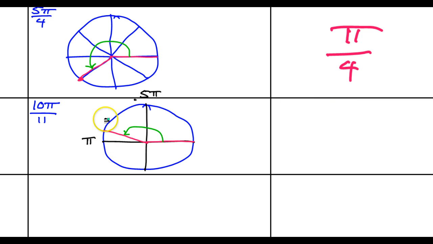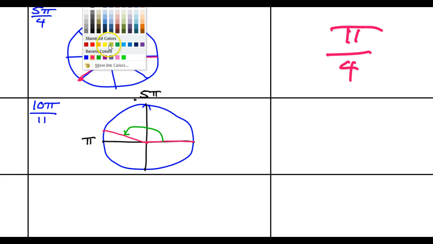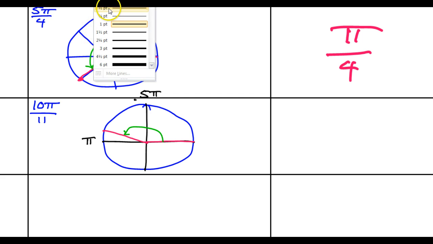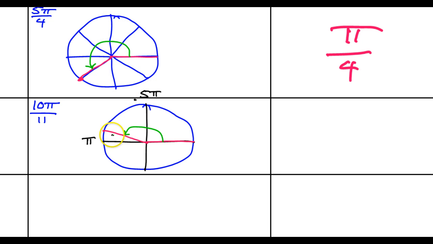So understand this. The reference angle of which I speak is this little guy right here. This is the reference angle where I just put that R. Now, notice that that R is between pi, which is here at the black line, and our 10 pi over 11.